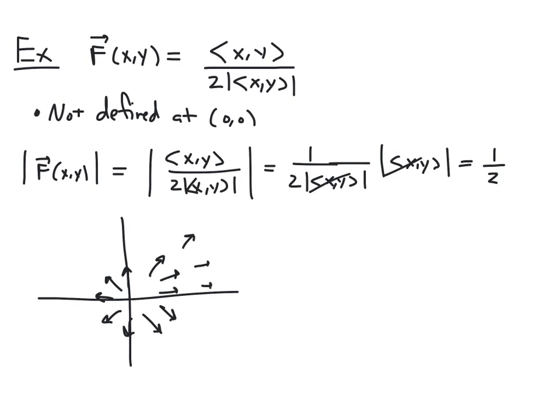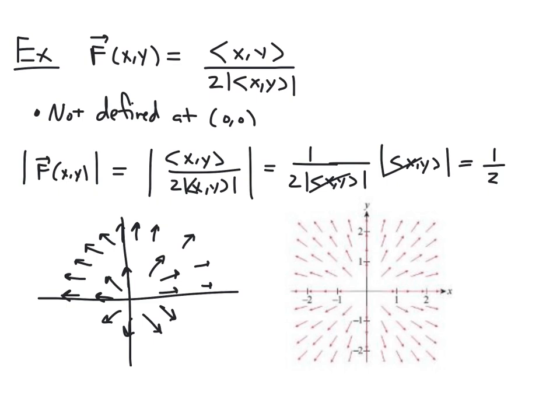Again, imagine all of these arrows being exactly the same length. It's hard to draw these things exactly perfect, but I think you can get the idea from this rough picture: at every point, a vector pointing directly away from the origin with a magnitude of 1/2. And here's a computer-generated image of the vector field in question.